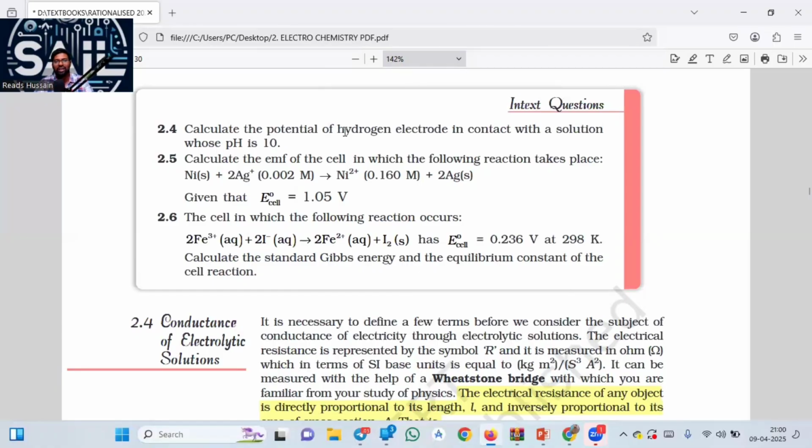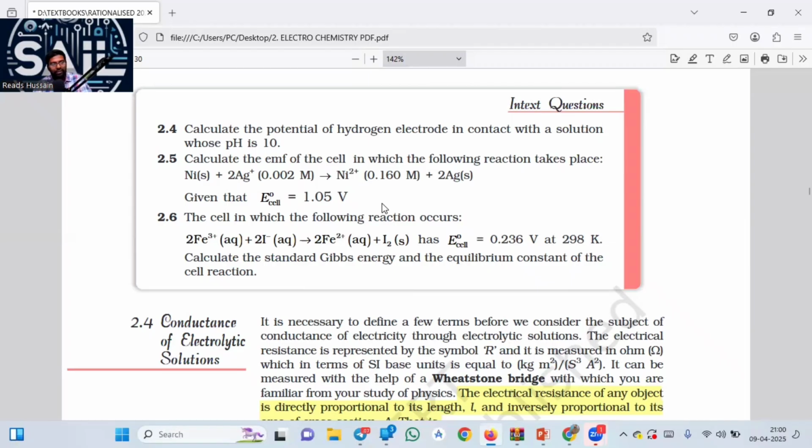Calculate the potential of hydrogen electrode in contact with a solution whose pH is 10. This is an important question. We have to find the E value of the hydrogen electrode whose pH value is 10. pH is 10. Okay.